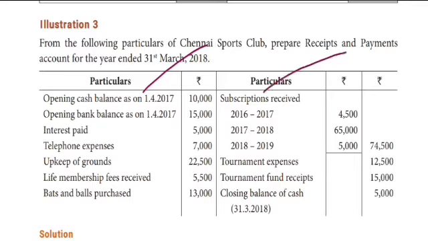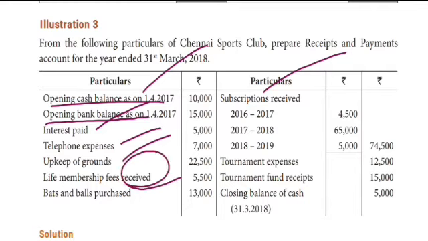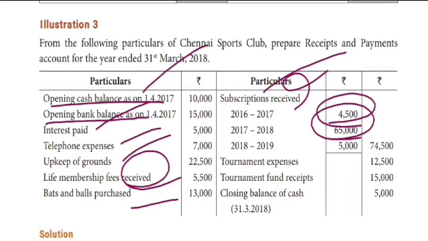The next one, amount: opening cash balance, opening bank balance, interest paid is a payment side, telephone expenses is a payment side, upkeep of ground is a payment side, life membership fees received is a receipt side, bills, bats and balls purchased is a payment side, subscription received is a receipt side: 2016 to 17 4,500, 17 to 18 65,000, 18 to 19 5,000.